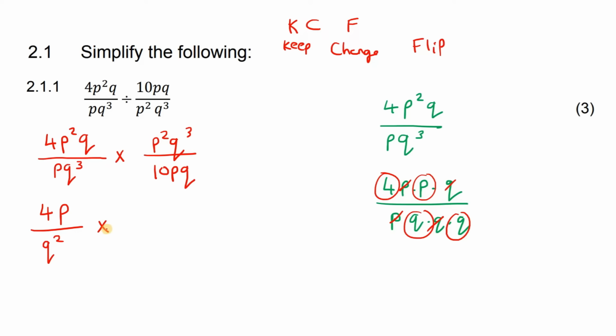Now, if we look at this one, there's 2 P's at the top and 1 P at the bottom. So once you cancel them, there should be 1 P left over at the top. With the Q's, there's 3 of them at the top, 1 of them at the bottom. So after you cancel, there should be 2 of them left over at the top. And then there's a 10 at the bottom.